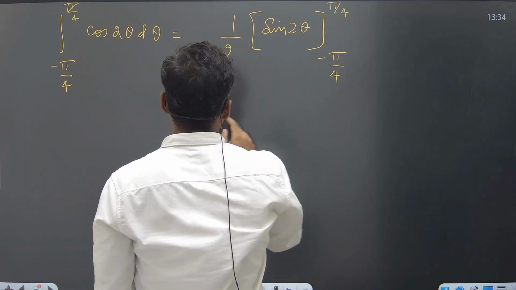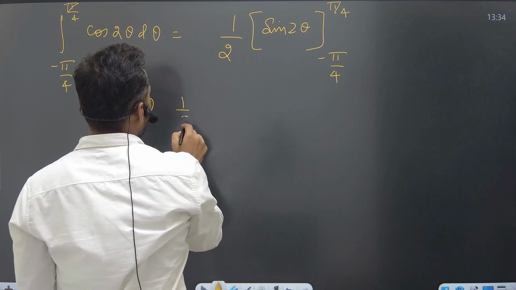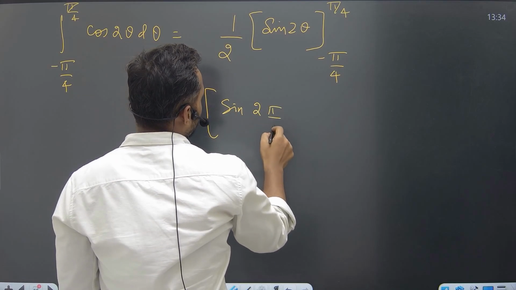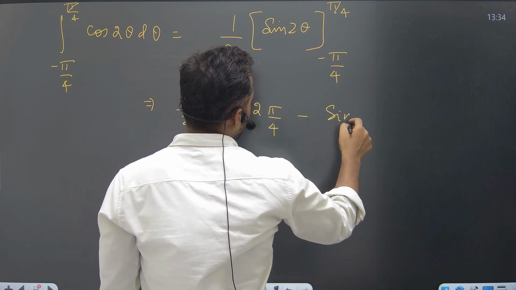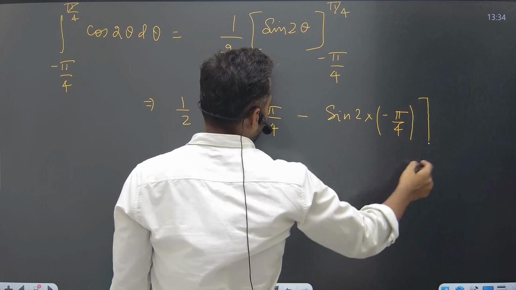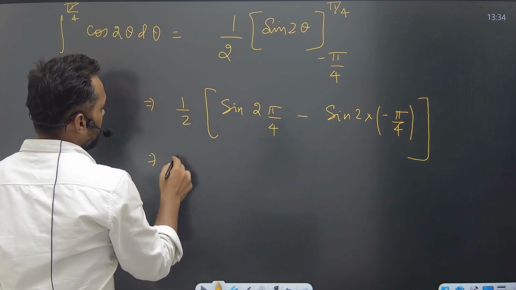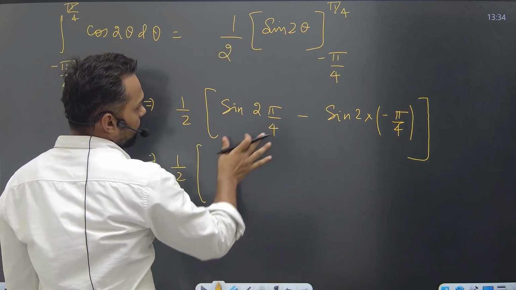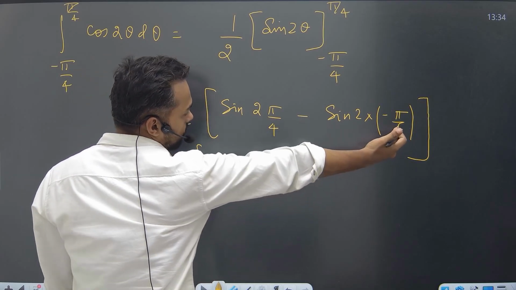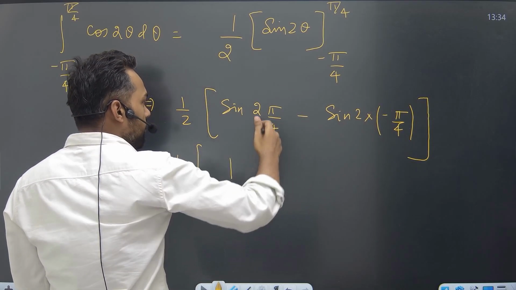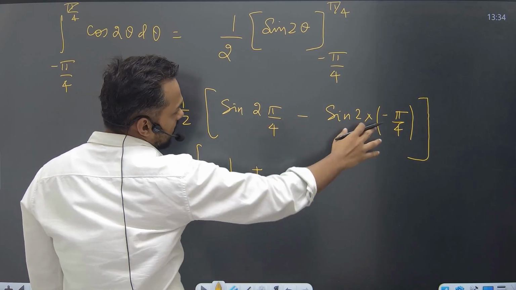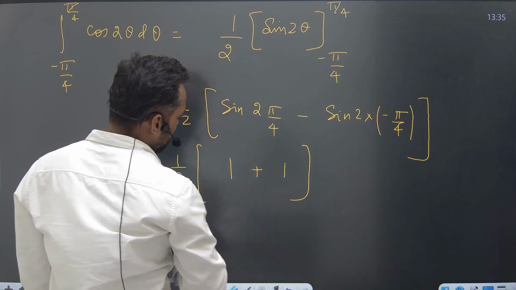So on plugging in the upper limit and lower limit, what will we get? 1 by 2 times [sin of 2 times pi by 4 minus sin of 2 times negative pi by 4]. This part will be pi by 2, and sin pi by 2 is 1. Minus of the negative becomes positive, so it will be plus sin pi by 2, again 1, so it will be 2.